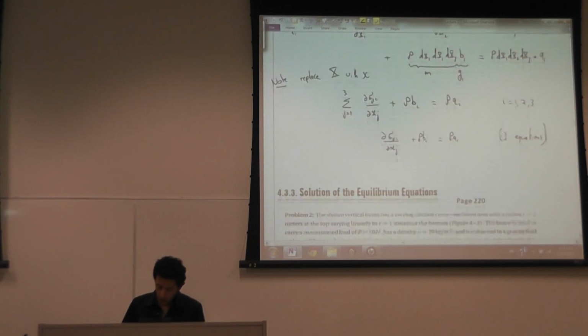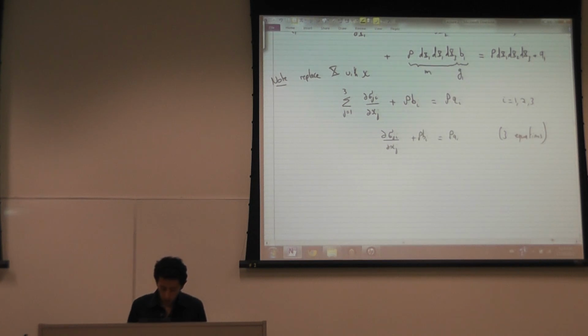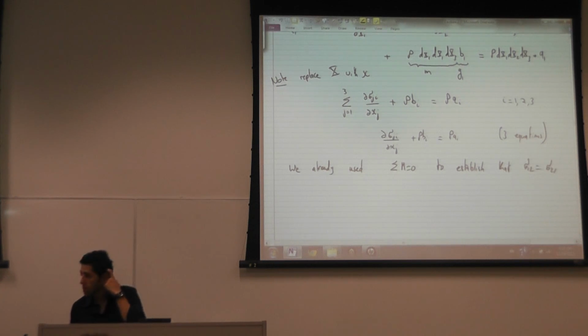Now, we already used sum of moments equals 0 to establish that sigma 1,2 equals sigma 2,1, so I can't use it again. It's not going to give me any new information.